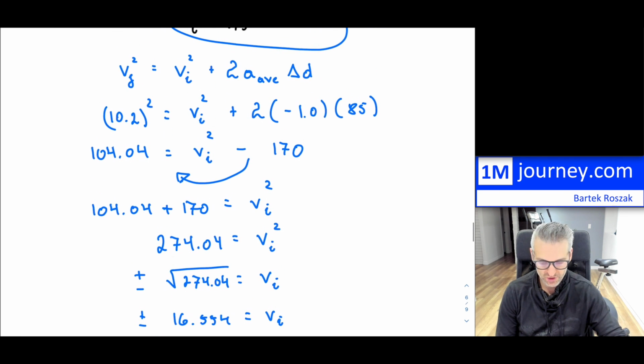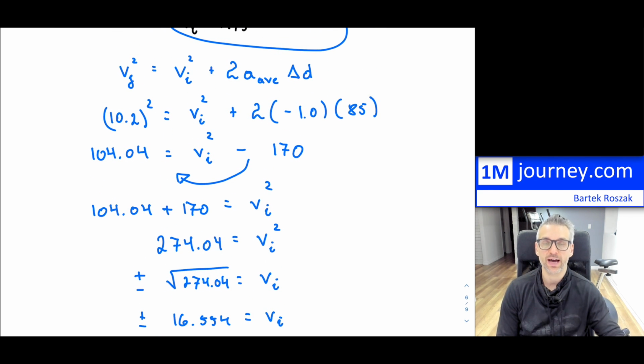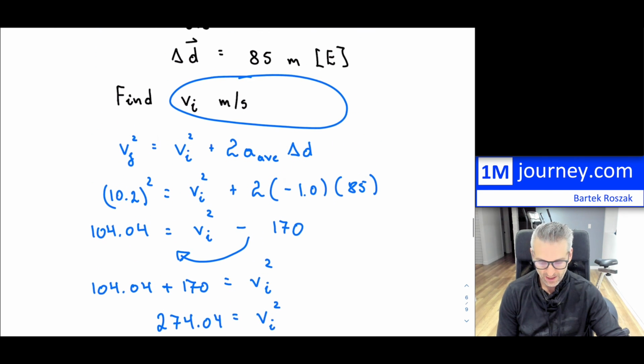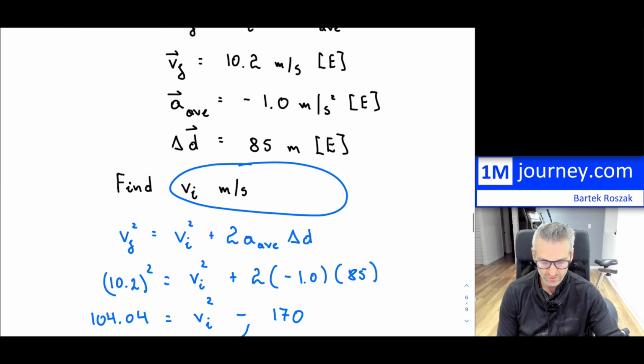If you're just substituting things back in and you don't have any other pieces of information, this is as good as it can get. So that is your initial velocity that you were moving at. It went from 17 and then got itself up to 10.2, right?